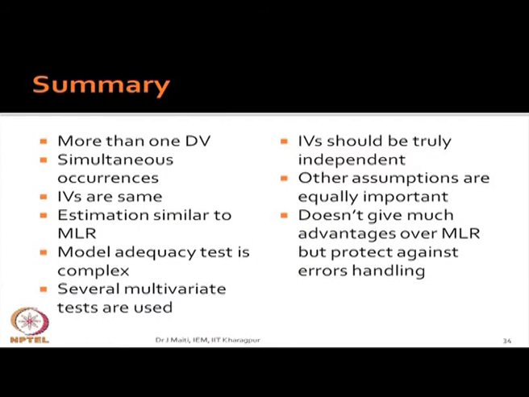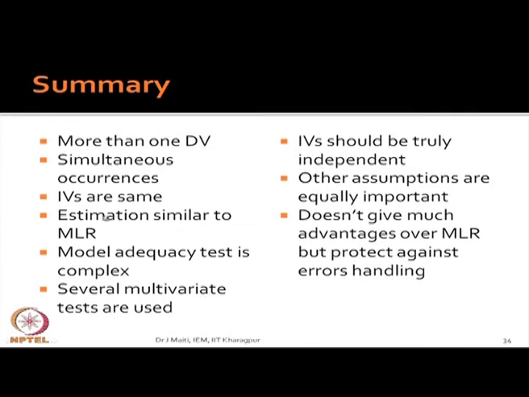In summary, when you go for MBLR, you have more than one DV, and all the DVs occur simultaneously. The IVs are the same, meaning the same independent variables are affecting different DVs. This is the condition when you will go for this. The multivariate normality, equal covariance structure and other assumptions you have to test.